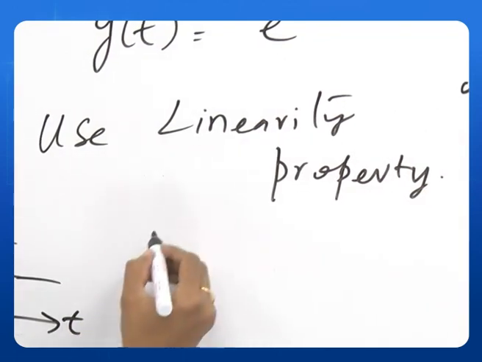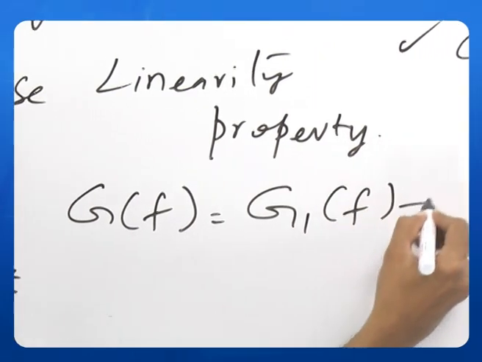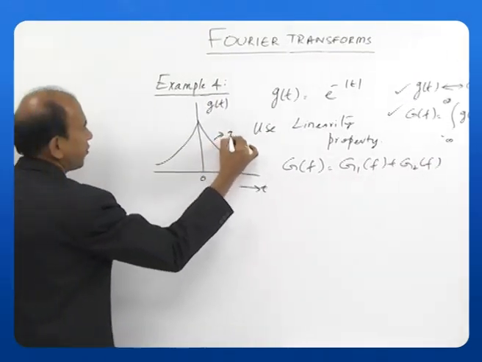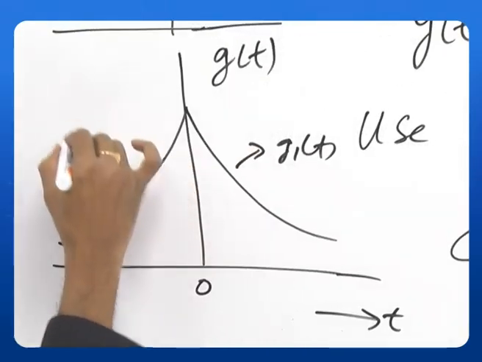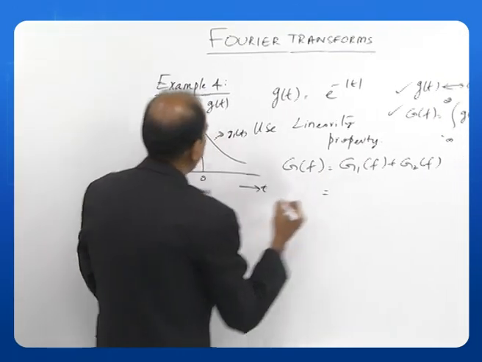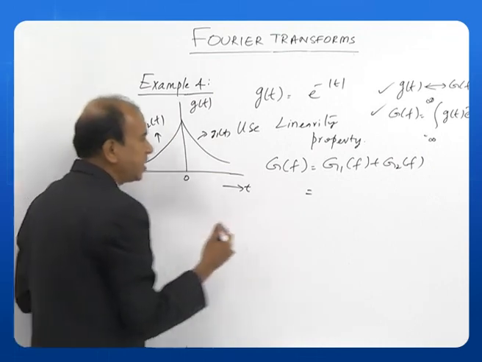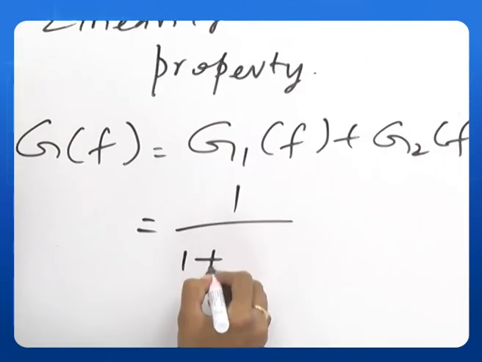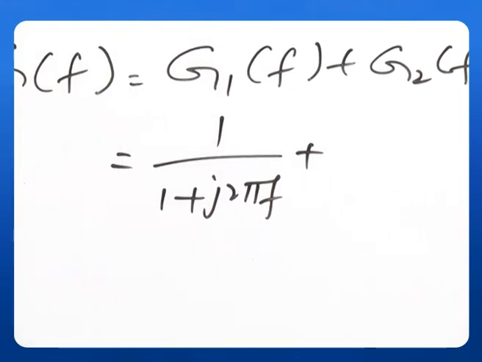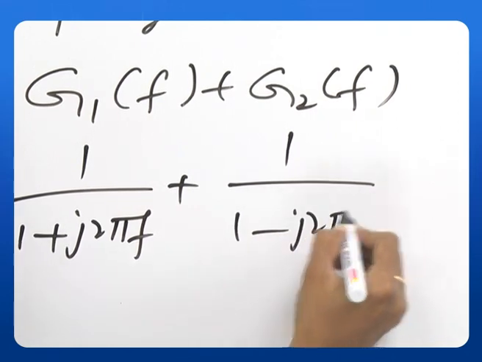Okay. So, that means g of f will be equal to g1 of f plus g2 of f. Okay. Let us call this g1 of t and this g2 of t. Okay. So, what is the response of this? This is e to the power of minus t. So, this will be 1 by 1 plus j2 pi f plus, this is e to the power of plus t, so this will be 1 by 1 minus j2 pi f.